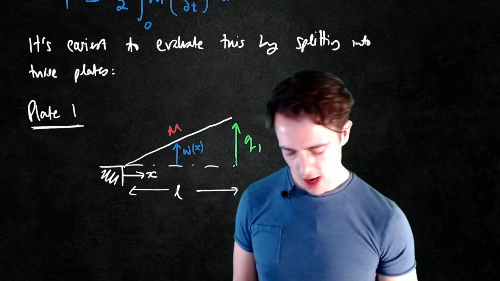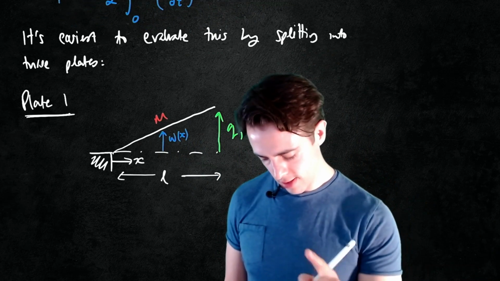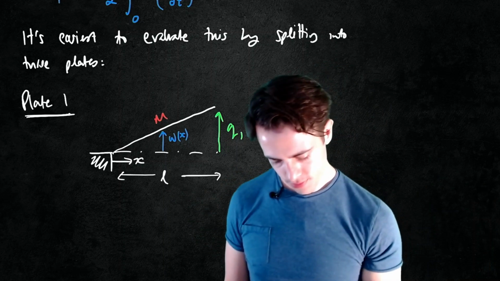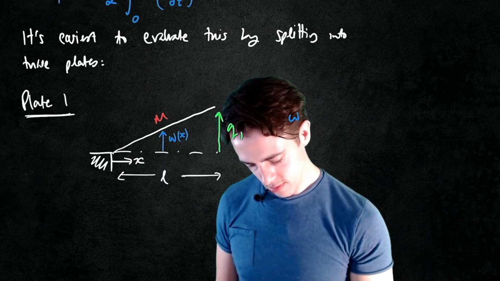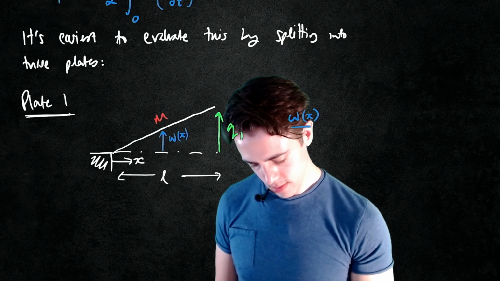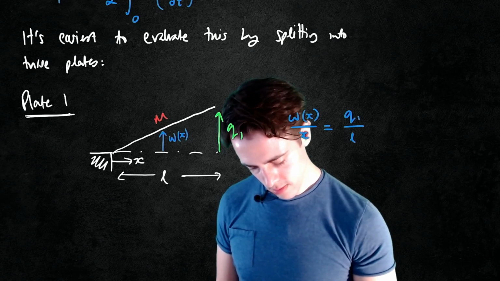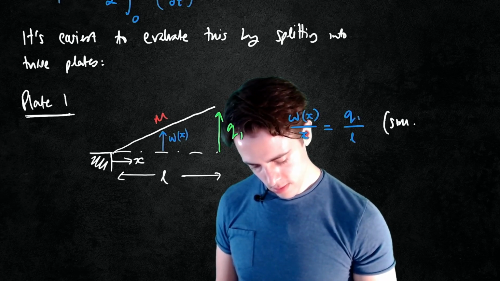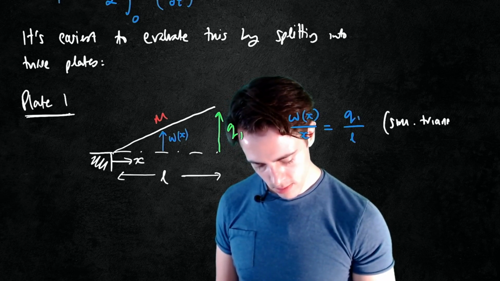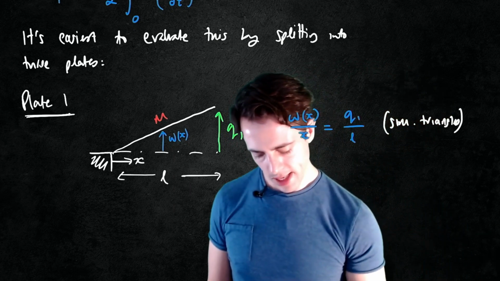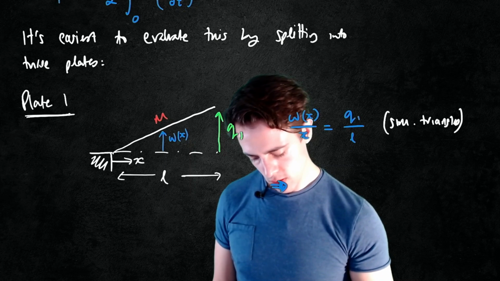Just from similar triangles, we should be able to see that w over x is going to be equal to Q1 over L.